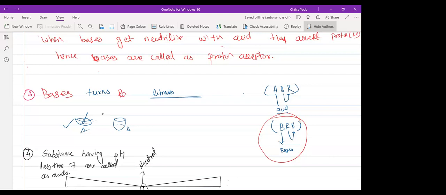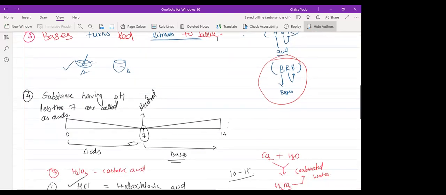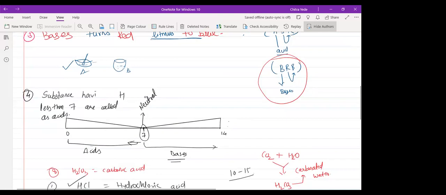Then for pH value, it is again very easy. Substances having pH value more than 7, instead of less, are called bases.